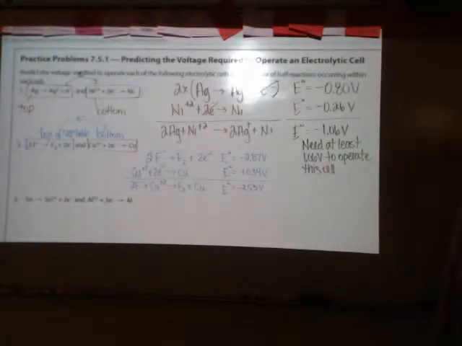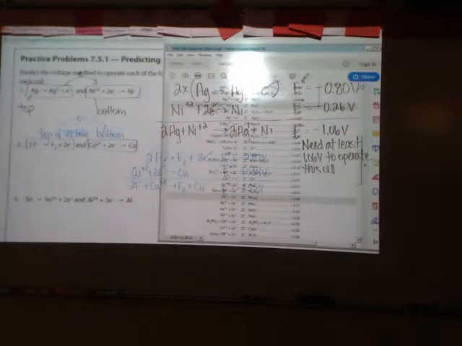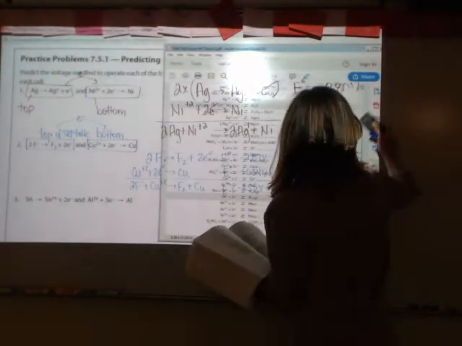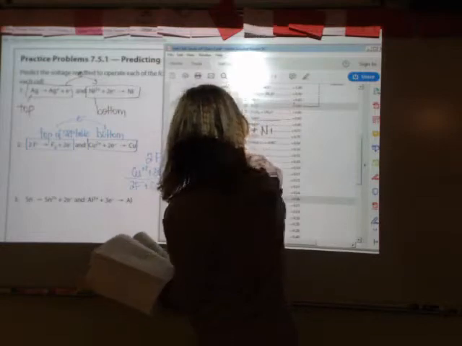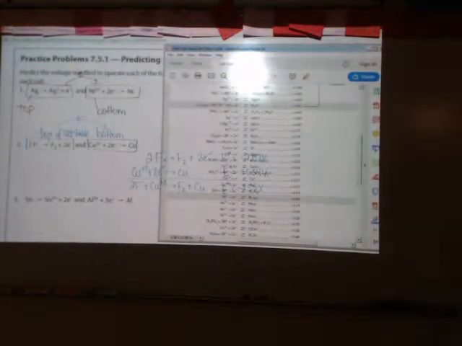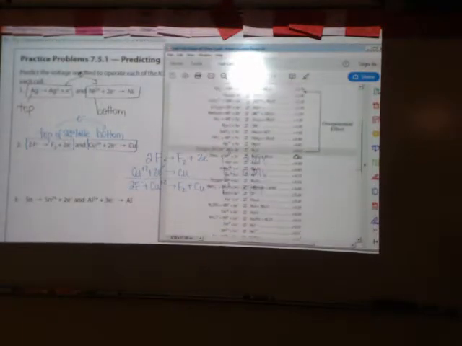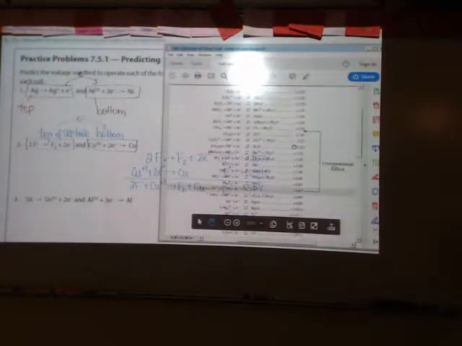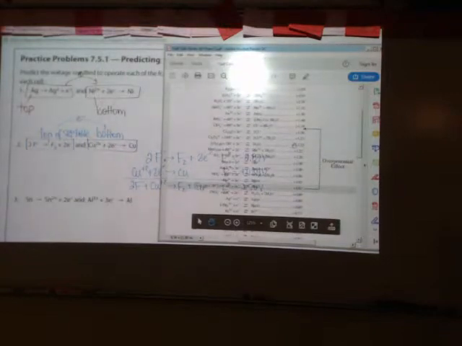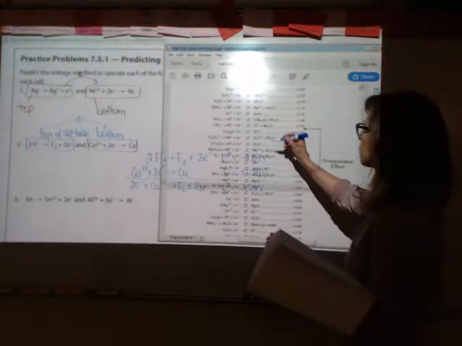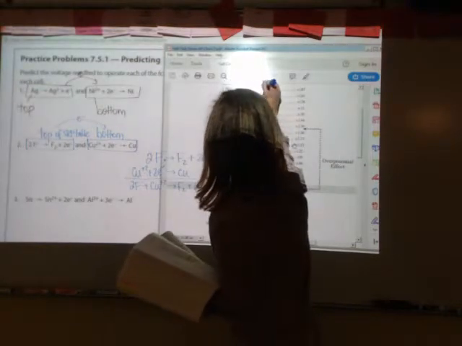Okay, that's what I got. Good job. Why do you make the 2.87? Okay, so let me pull up the SRP table so I can show you. All right, so if you look at where fluorine and copper are, for electrolytic cells, the oxidation half-reaction will be at the top. So you're looking for the one that's up at the top. So that would be this one here, right?